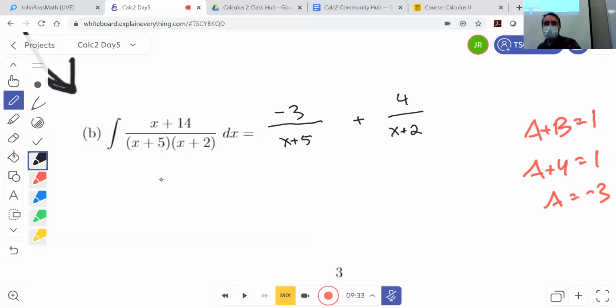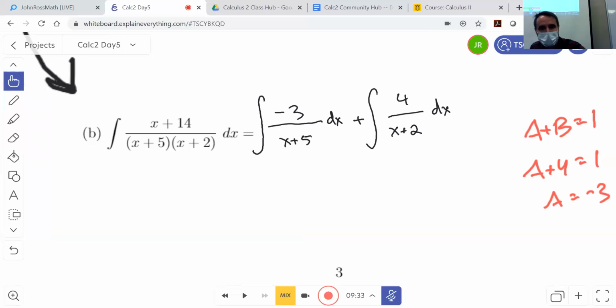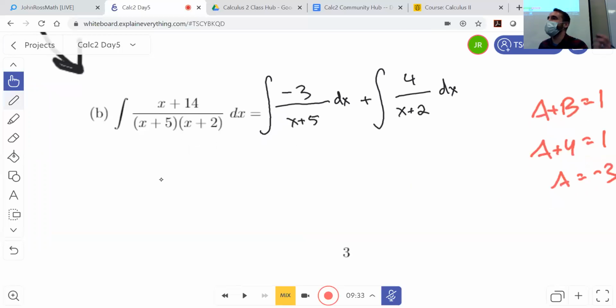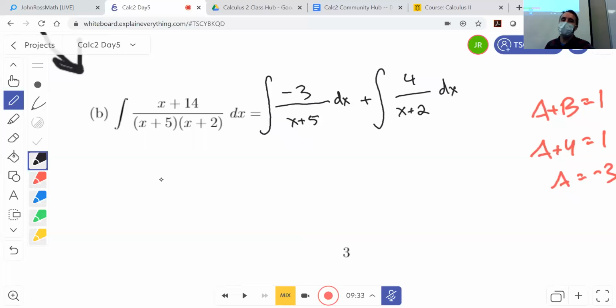So our purpose for doing this is that we can now rewrite our original integral as the sum of two simpler partial fraction integrals. We've broken up this larger fraction into these two smaller fractions. And we can solve this just like we did for the others, right? We will let u equal the denominator, x plus 2.